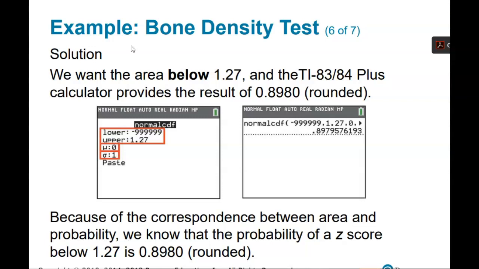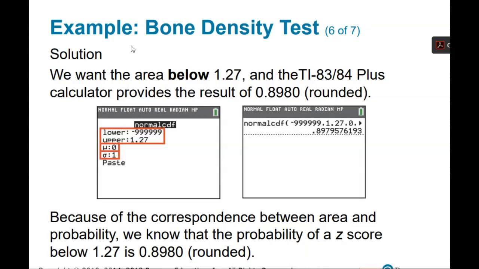If you're using a standard normal distribution, the mean is always 0 and the standard deviation is 1. If you had a normal distribution that was not yet standardized, you could put the mean and the standard deviation in here. You wouldn't be using a z-score, you'd be using a data point, but you could still do that. For now, our mean is always going to be 0 and the standard deviation 1 for standard normal curves. The lower limit and the upper limit go there.